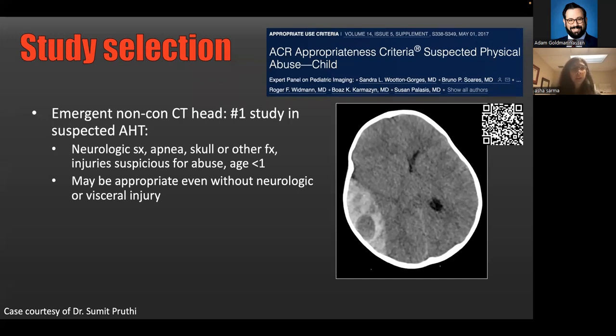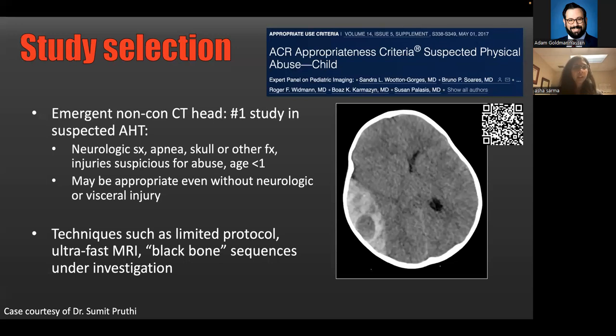They're performed in patients with neurologic symptoms, apnea, skull or other fractures, injuries suspicious for abuse on physical exam, and in patients where abuse is suspected and the patient is under 1 year of age. Infants are the number one group of children who are affected by abusive head trauma. They also may be appropriate if there is no neurologic or visceral injury in some situations.